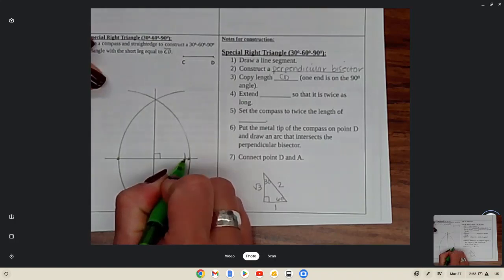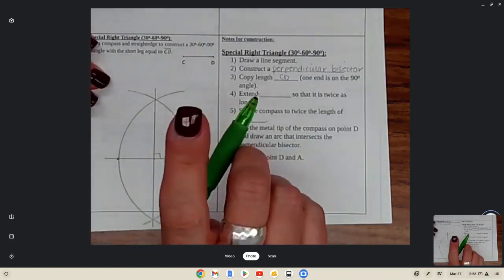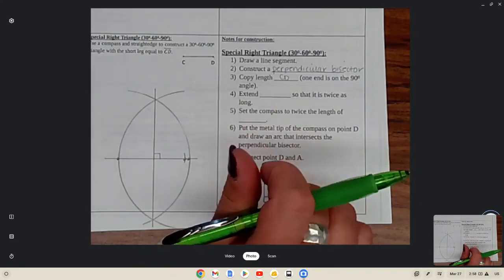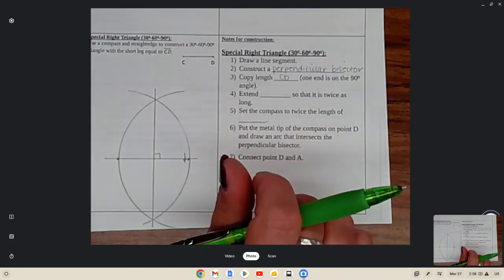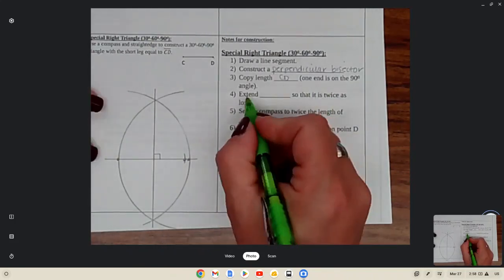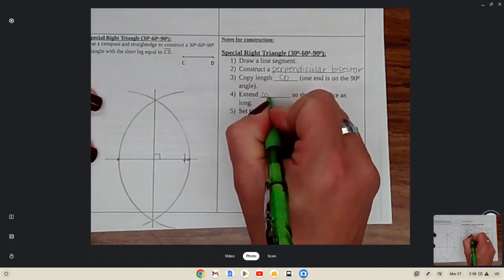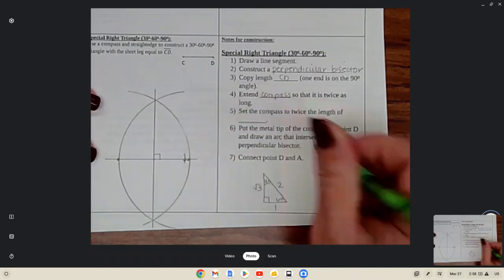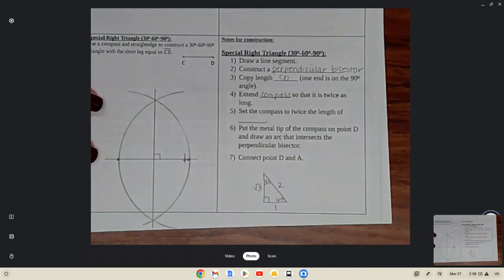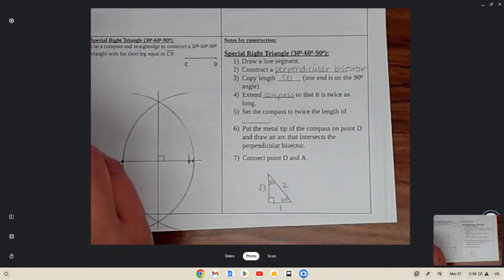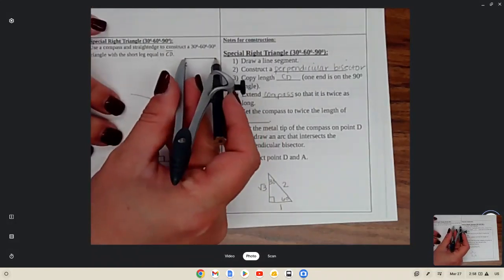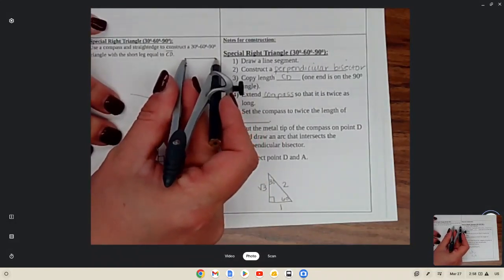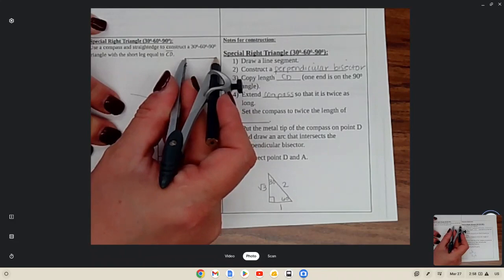Okay. Now, this next part, now we have to get, so that was 1 unit. Now we need to get it to be 2 units length, right? Okay, so extend the compass so that it is twice as long. What? Okay, so how do we do that? Well, I know that this is 1 length of CD, right?